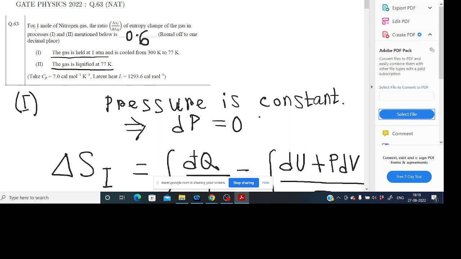And what is the number of moles of this gas? 1 mole, right? If you multiply it with the number of moles, then it will be the same, right? Because n equal to 1, small n.